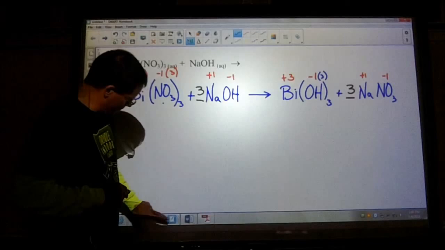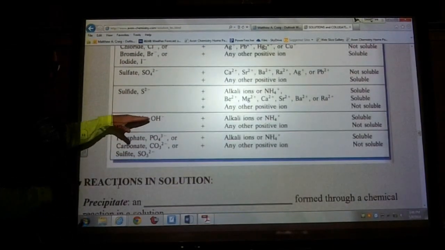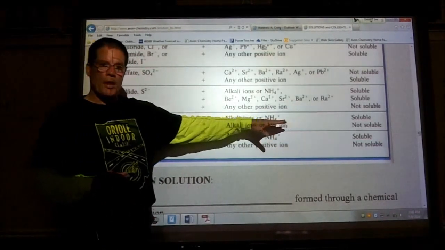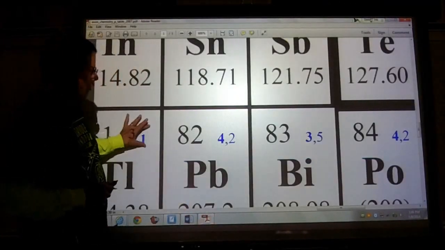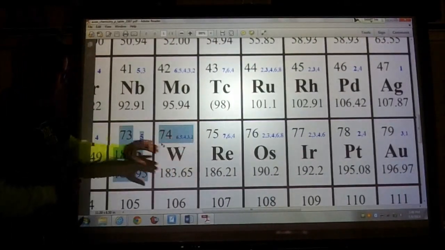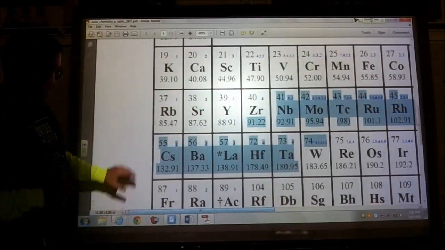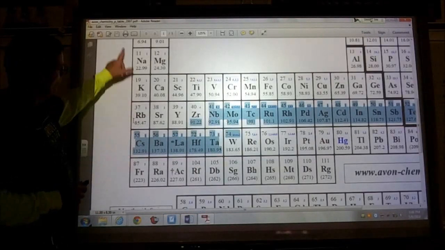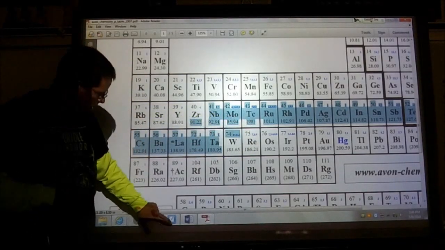Bismuth hydroxide. So again, find hydroxide. Hydroxide's down here. Go across. Is bismuth an alkali ion or ammonium? In other words, is bismuth located in group 1A? No. Bismuth is way over there. So here we don't have an alkali metal.